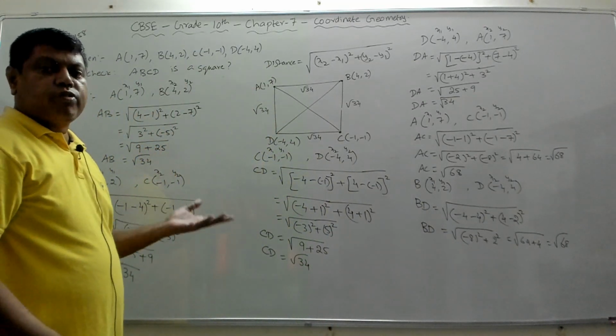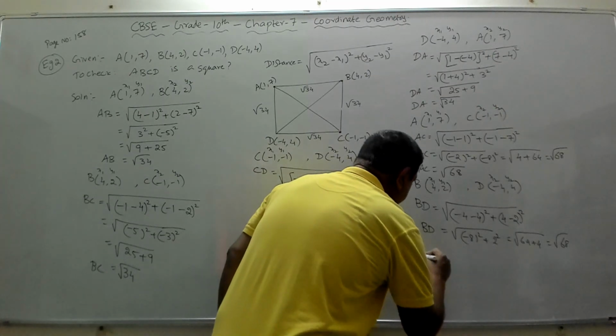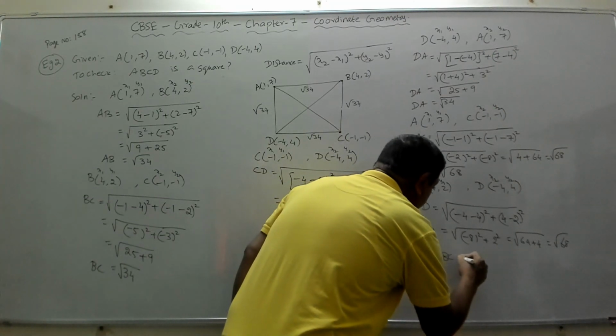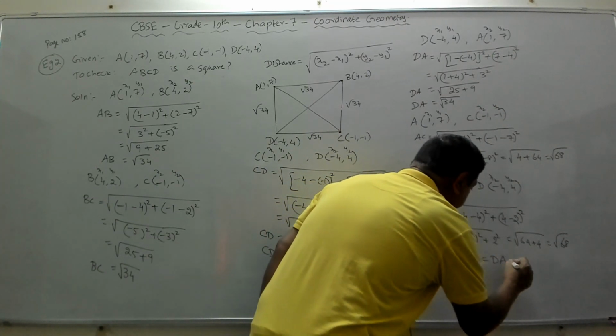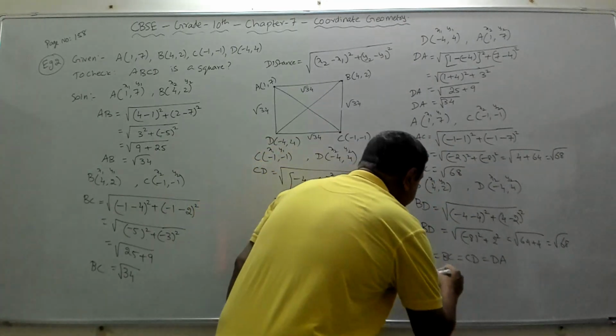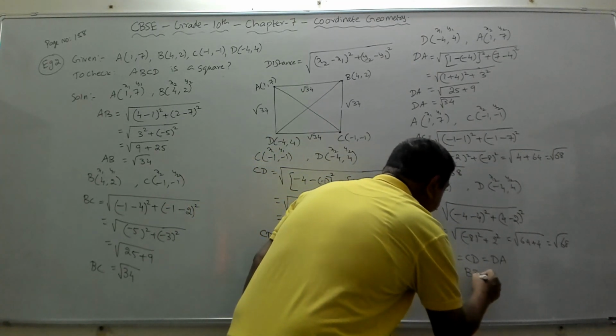So your BD and AC are equal. Diagonals are equal. All the four sides are equal, which means we have AB is equal to BC is equal to CD is equal to DA. Which means all the sides are equal. Also AC is equal to BD.